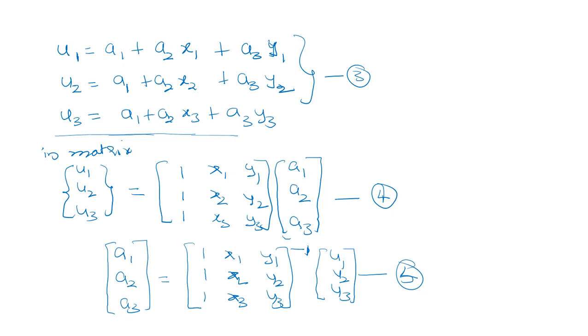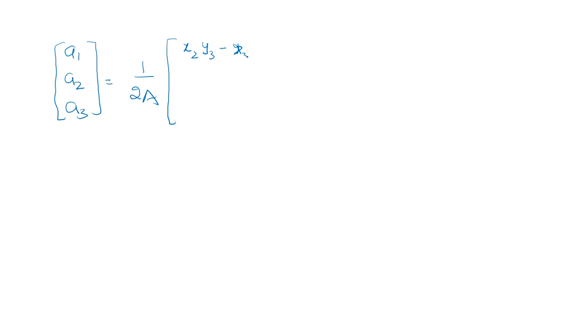Finally we can write a1, a2, a3, the constants, equal to 1 by 2A, where A means the area of the triangle, multiplied with x2 y3 minus x3 y2.